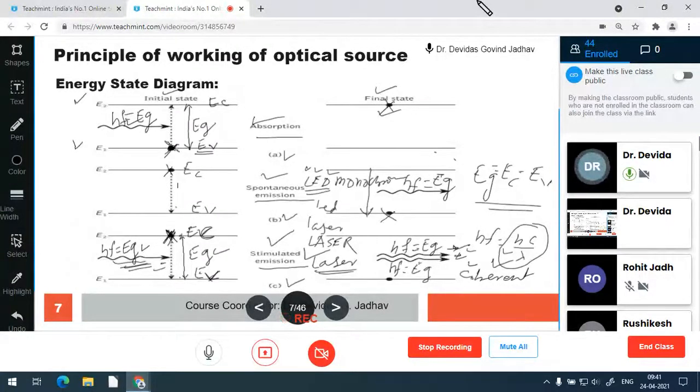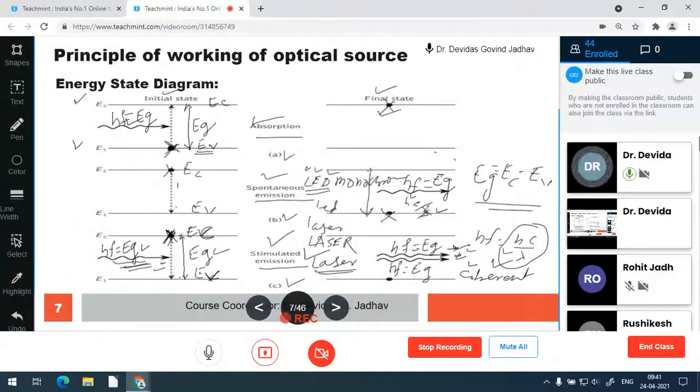So the band gap energy emitted for each photon is the same. If each photon has the same energy, the same frequency or same wavelength will be there: hf or hc upon lambda. F is the same, lambda is the same. All the photons have the same energy each time.